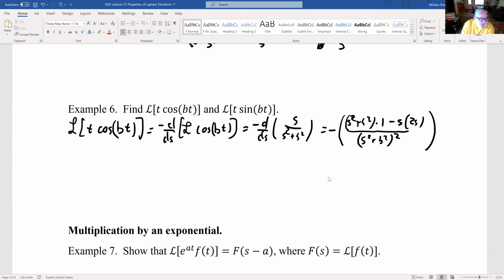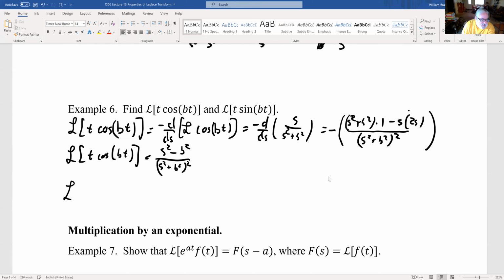And tidying all that up gives us the Laplace transform of t cosine bt equals s squared minus b squared over s squared plus b squared, quantity squared. Right? So s squared minus 2s squared, so we end up with b squared minus s squared in the top, but there's a minus sign outside.